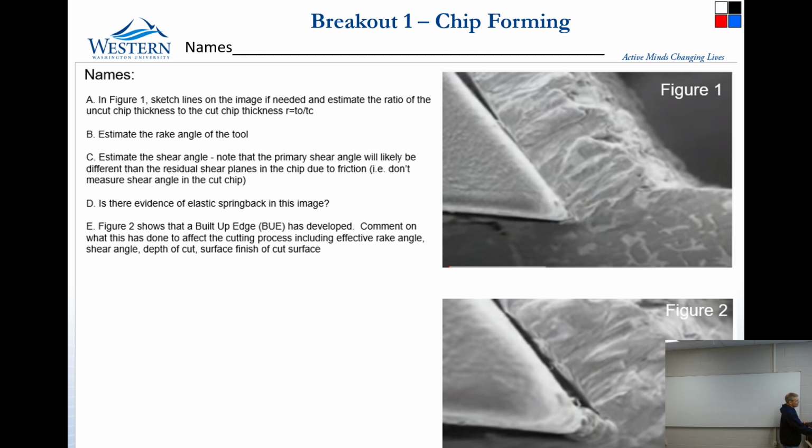So anyway, what did it do to the depth of cut? Yeah, kind of increased the depth of cut, so we lost some accuracy there. What did it do to the shear angle? It's hard to tell, isn't it? Yeah, who knows? Pretty hard to tell.